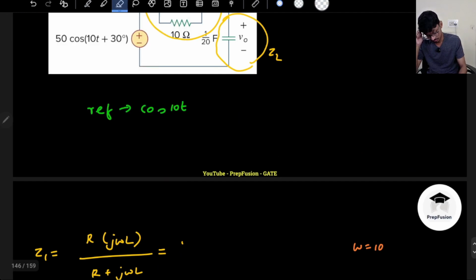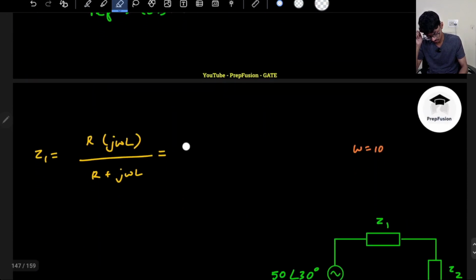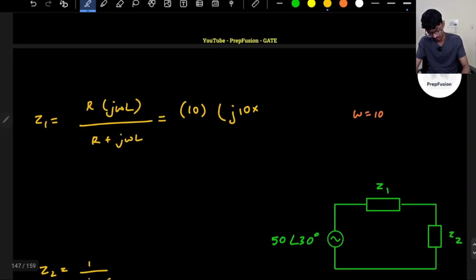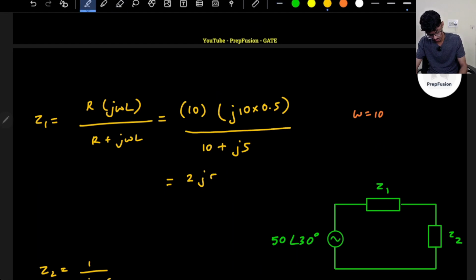The R value is 10, in parallel with j into omega L. Omega is 10, so 10 into L. L is how much? 0.5, I believe. Yeah, 0.5. So it is 10 times j5 divided by 10 plus j5. So this is 2 into j into 5 divided by 2 plus j, just dividing by 5 on both sides.